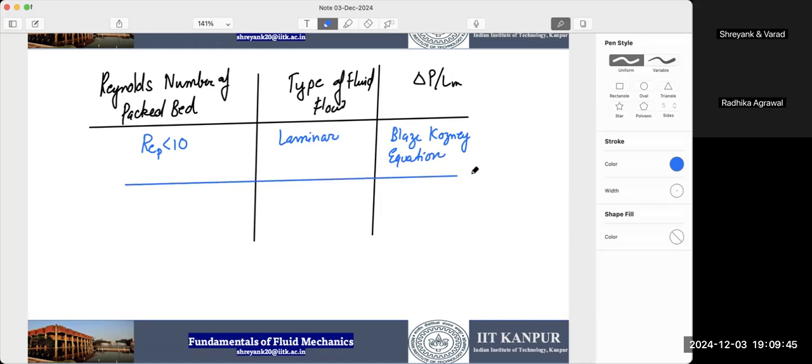When Re is 10 to 2000, it's a transition region, and we have to use the Ergun equation, which is the sum of both the Blake-Kozeny and Burke-Plummer equations.